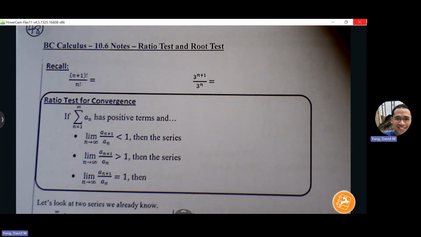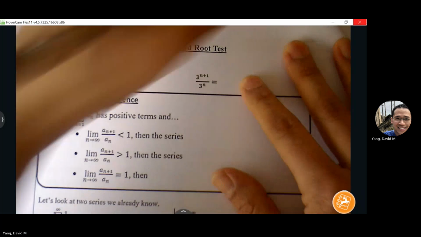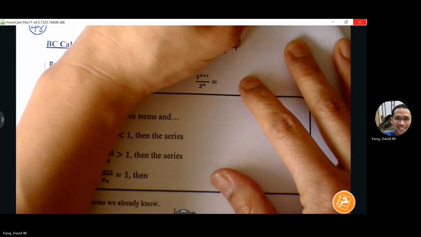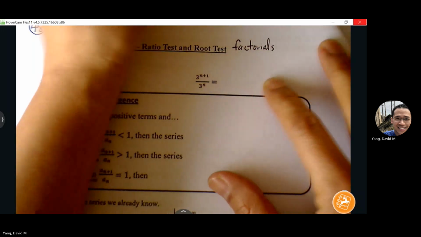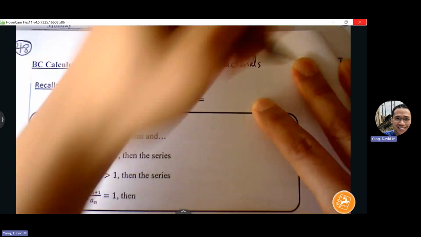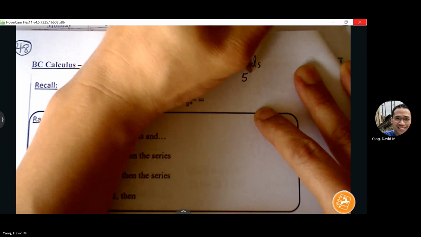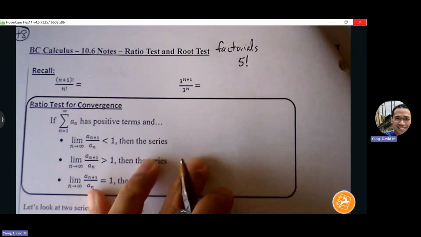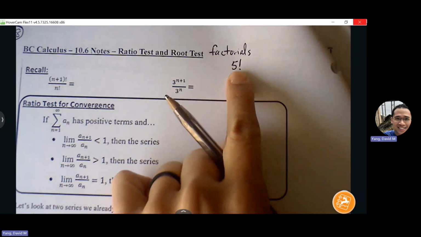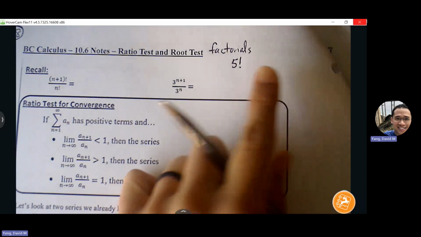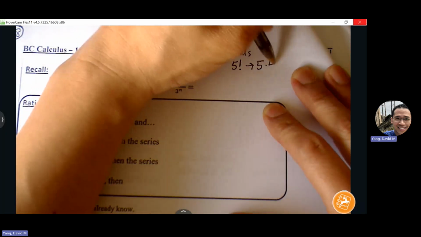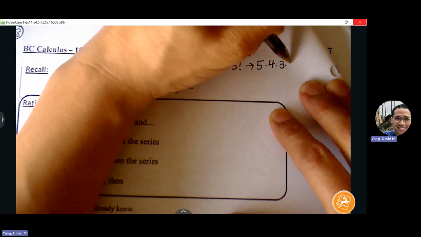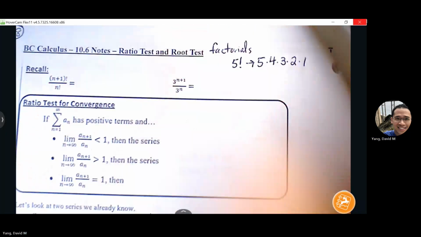Let me start off with this here. Factorials. Has that exclamation mark there, and that just indicates we're multiplying a bunch of numbers from that number all the way down to 1. Okay, so 5 factorial would just be 5 times 4 times 3 times 2 times 1.